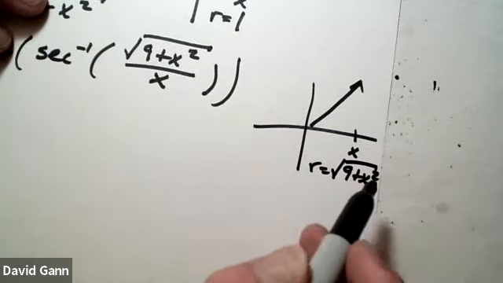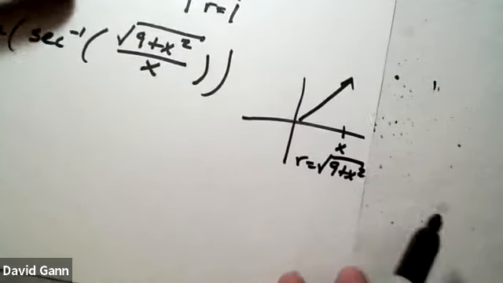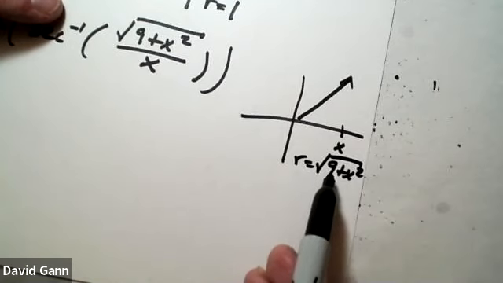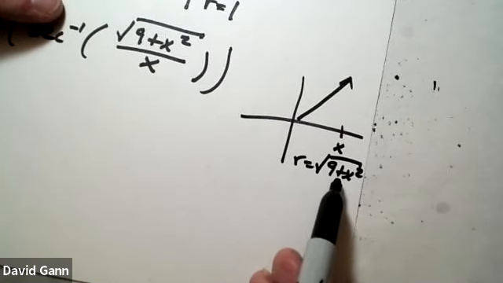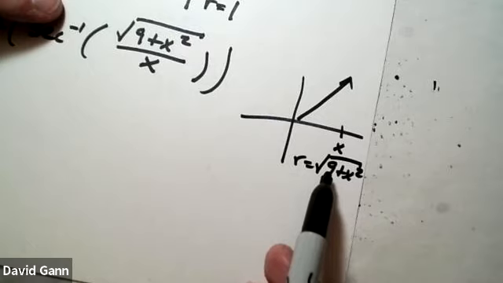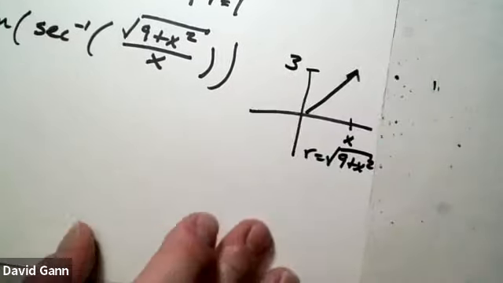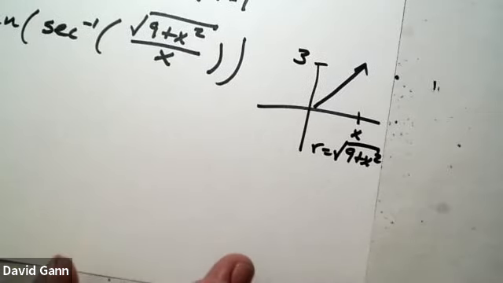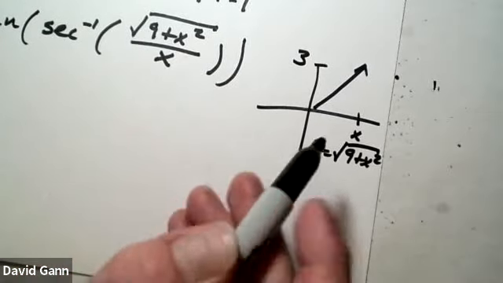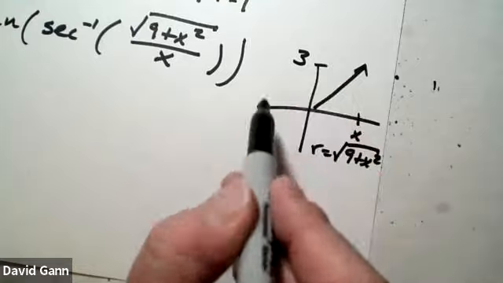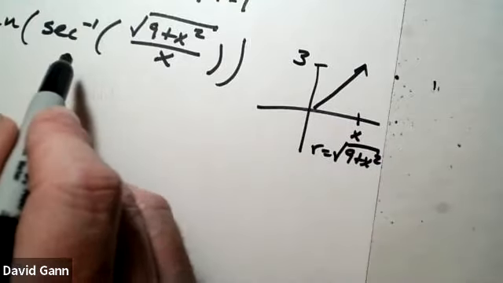Okay, so how do we find y? Well, notice r squared is y squared plus x squared. So we already know that y squared is 9, so y must be 3. A little bit of quick manipulation there to get that. So this diagram represents this angle.